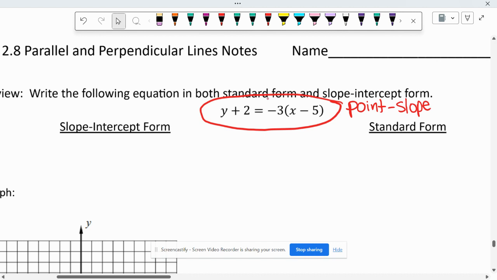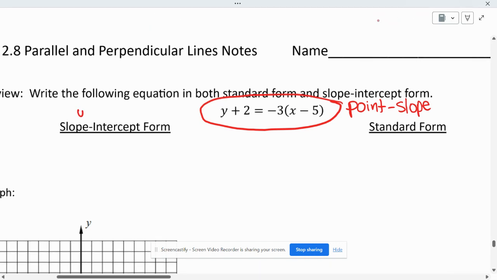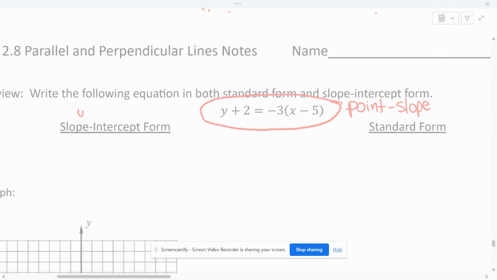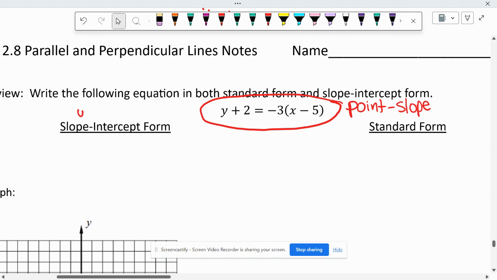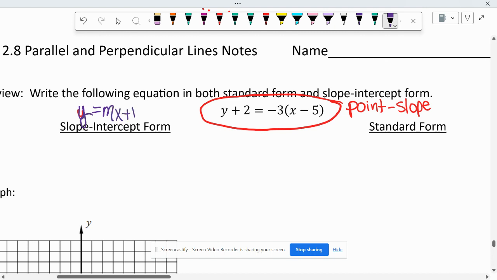And we're going to take this equation and write it in slope-intercept form, which is y equals mx plus b. And we're also going to write it in standard form. Capital A times x plus capital B times y equals c.